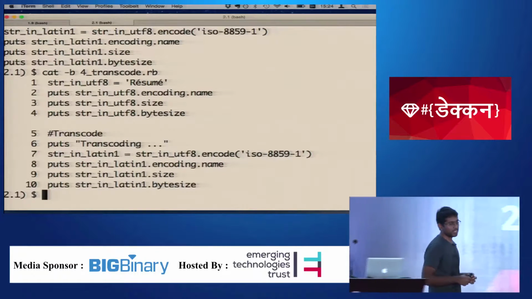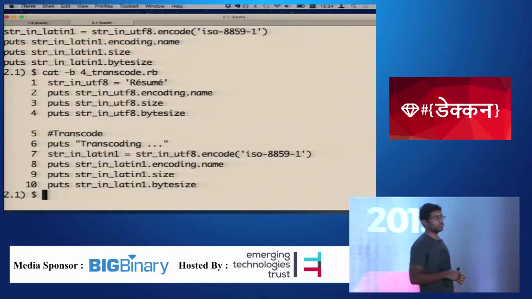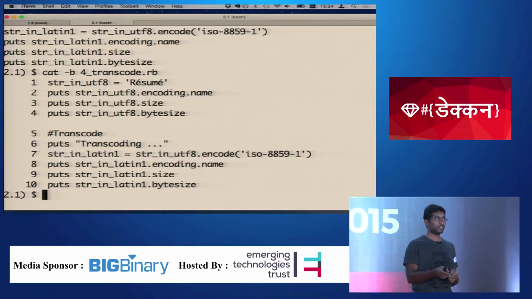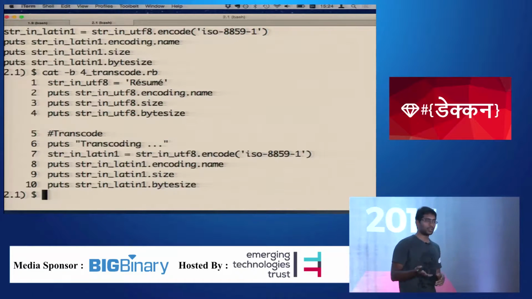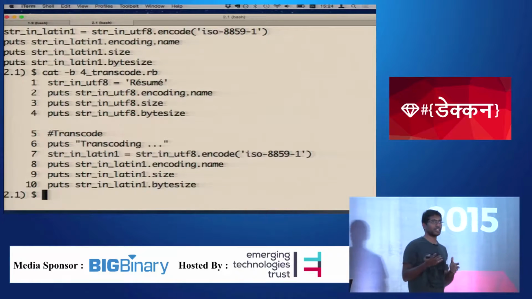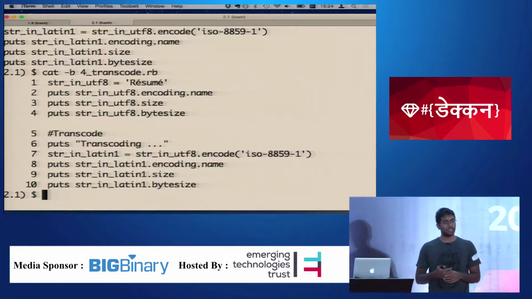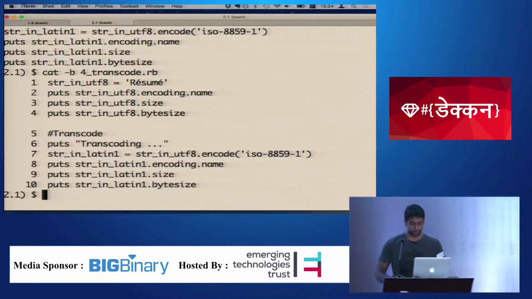At line number 7, I am trying to transcode the data. Ruby gives you a function called encode, which takes the encoding name and transcodes the data, which means it changes the exact byte representation inside it. Let me run this program and see.